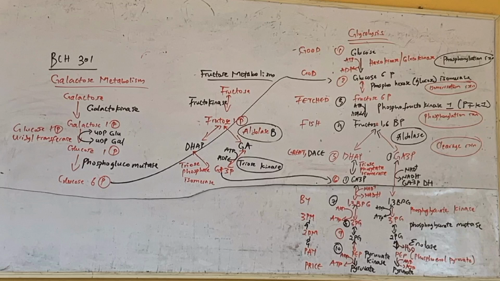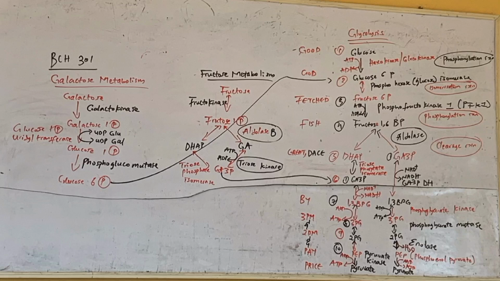These 2 moles of glyceraldehyde phosphate both proceed to give 2 moles of pyruvate. Alright. So step 6, glyceraldehyde phosphate is converted to 1,3-bisphosphoglycerate by the enzyme glyceraldehyde phosphate dehydrogenase. So the reaction here is phosphorylation and dehydrogenation. And NAD plus is converted to NADH.